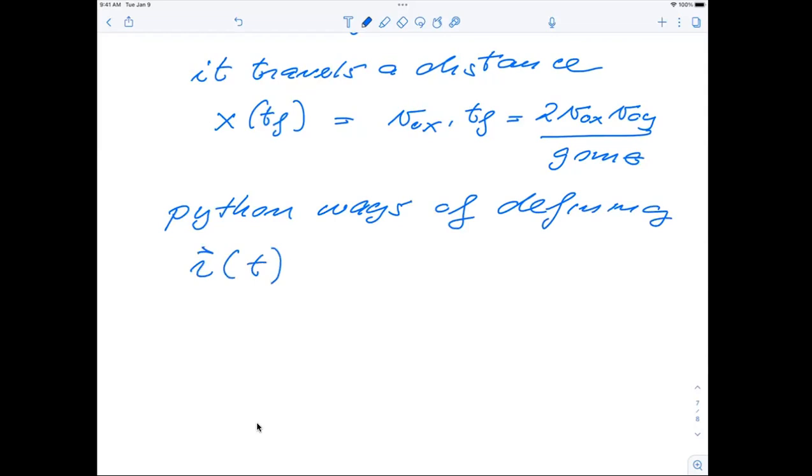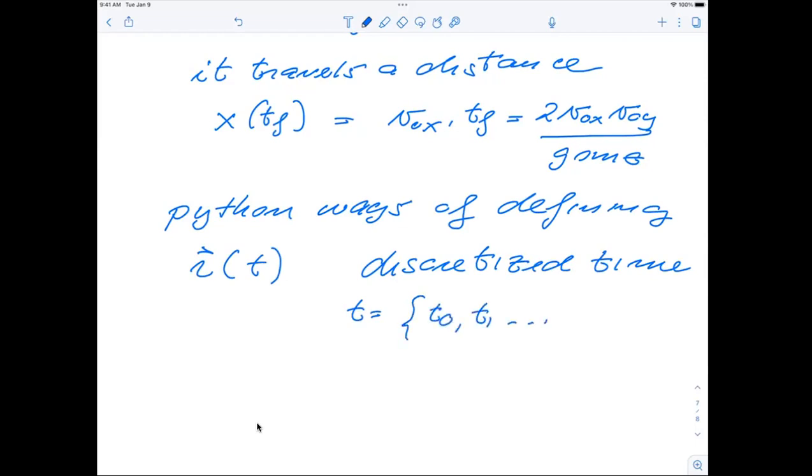So it means that we have discretized time. And suppose now that we have t, which is given by 100 time steps. So we have a t0, the initial time, t1, up to t99.